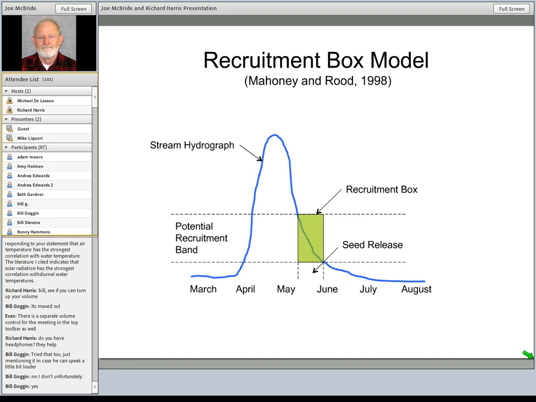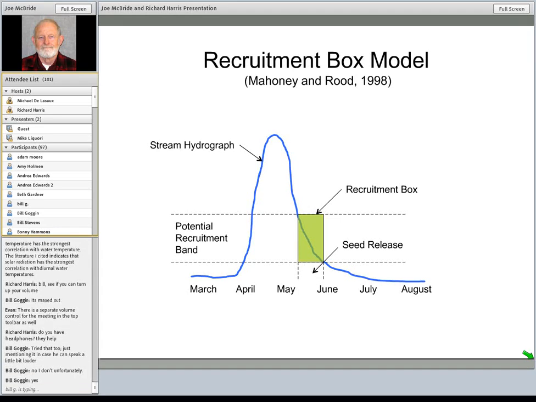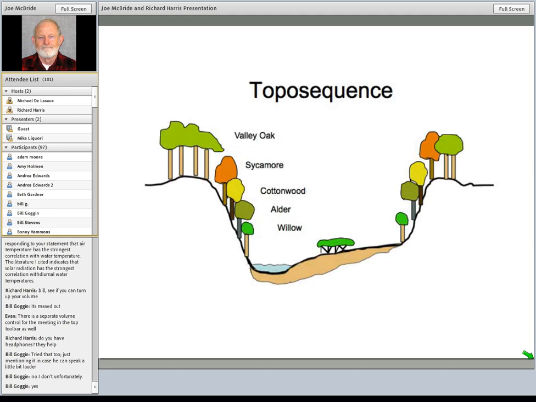But again, the seeds have stopped being released, and so we're not recruiting any seedlings after that time. So we often find that there are very narrow limits during which seedling establishment can take place because of this essential combination of decreasing stream levels and the release of seeds by the riparian species.